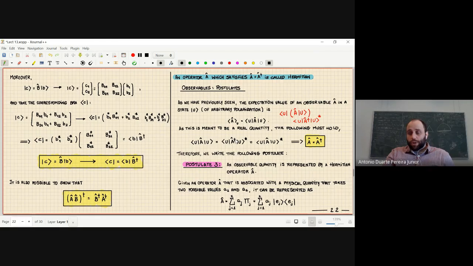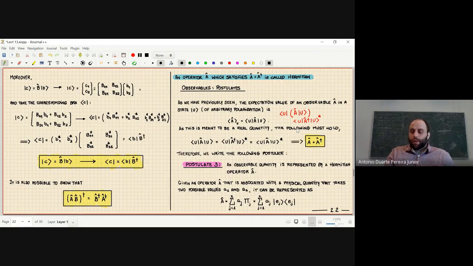So an observable will have a real expectation value if the matrix is Hermitian.